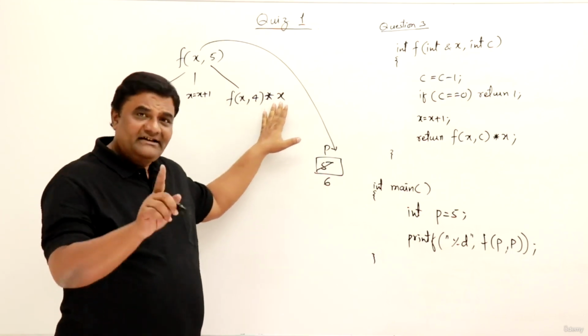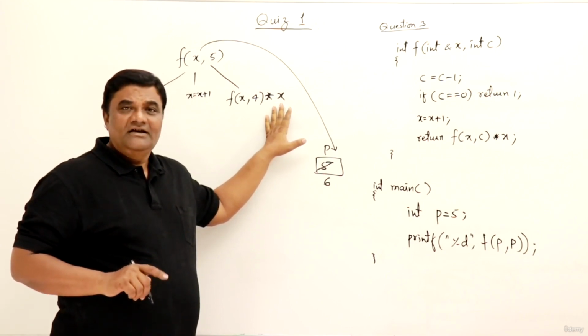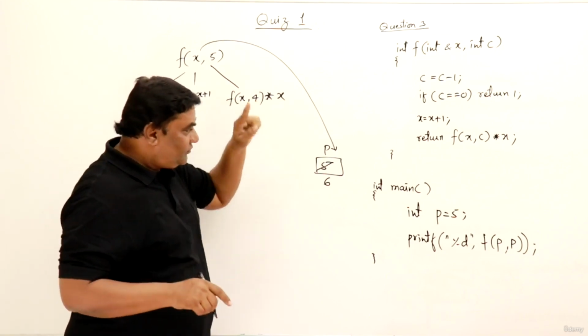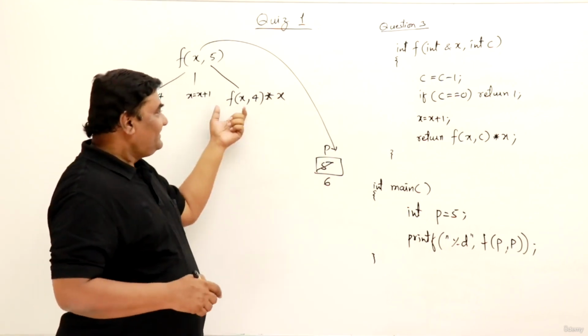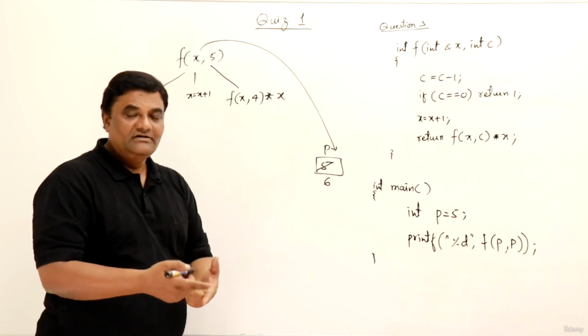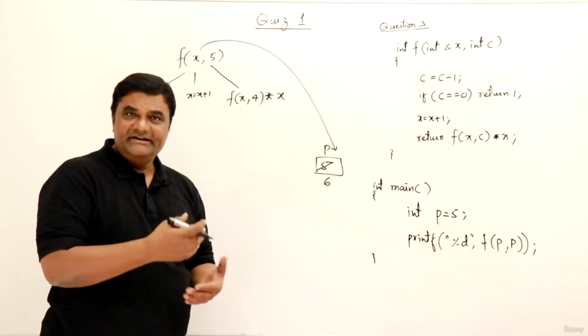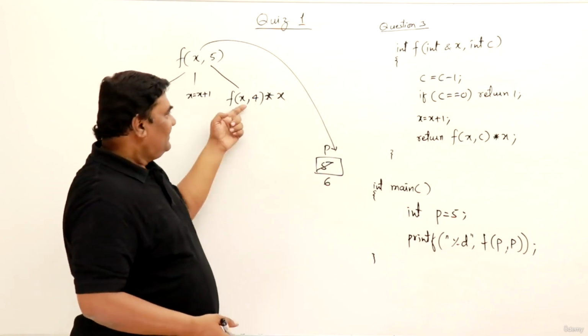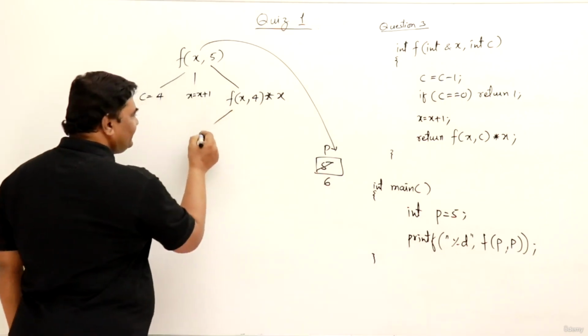So don't write 6, let it be x only. That time only we will see. When it has to multiply, that time it will go to p and get the value. Okay, so leave it as it is. Now this call we have to continue further. So this was the first call I have explained in detail. Now the remaining calls, I'll just repeat them. x comma 4, c assign c minus 1. So c becomes how much?